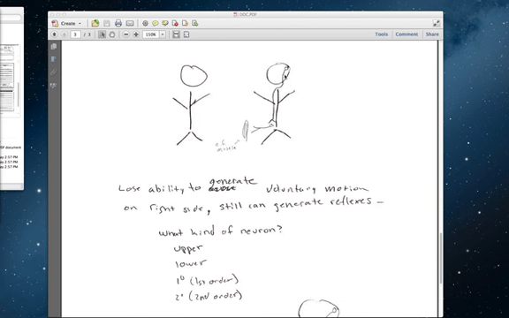So if we lesion here, or here, or here, we're going to disrupt the connection between the cortex and the muscle itself. All of these can be responsible for having you lose the ability to generate a voluntary motion.